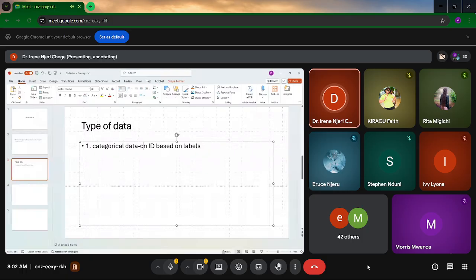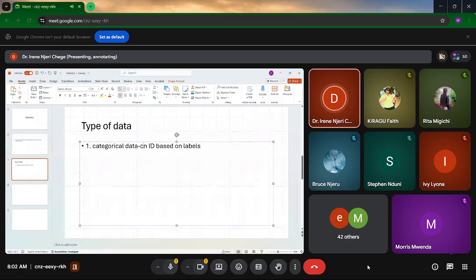So when we say it is discrete data, what do we mean? It means it can take or be assigned discrete values.